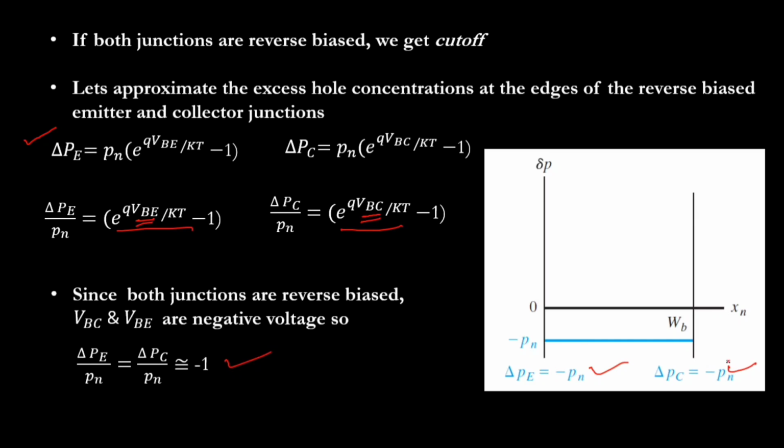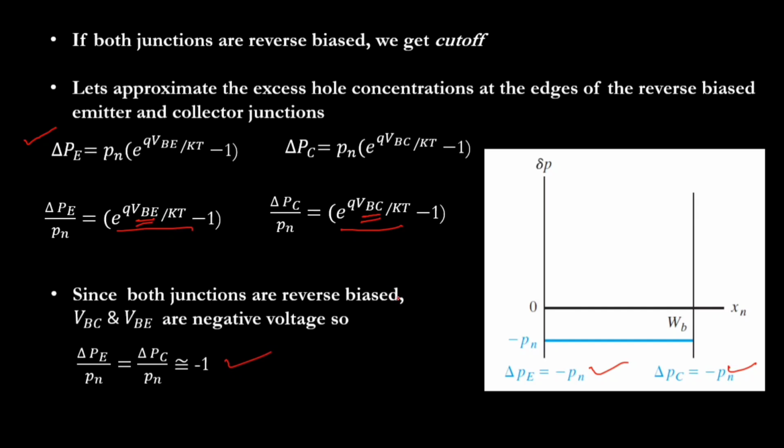If I draw the diagram, this is the change of excess hole concentration in the base region. You may remember this diagram. This is the base region, and here you can't see any excess holes because that is a negative value, even less than 0. So both the junctions are reverse biased.